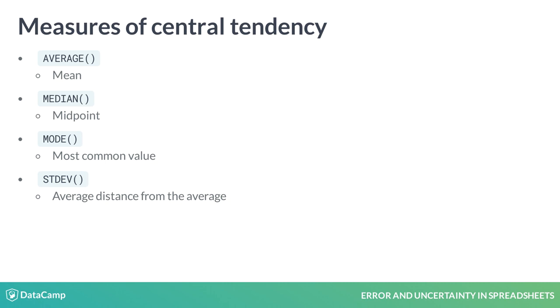The standard deviation represents the average distance from the average value of a data set. This gives us an idea of how much the data vary. Higher standard deviations indicate more variation in the data. These measures of central tendency are building blocks for us to dive deeper into other ways of assessing error later in the course.